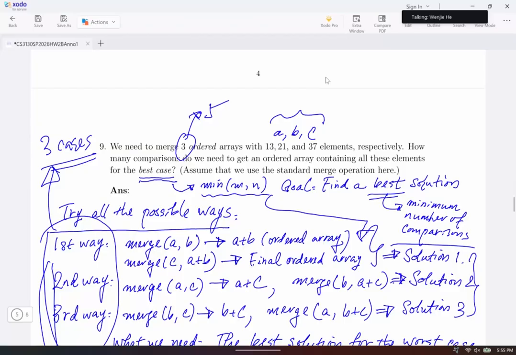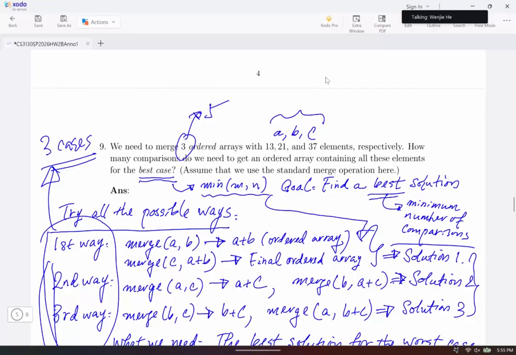Then we need to find some rule. After our homework assignment, these 2 questions, in our review session, I need to give you the rules. So when you work on these 2 questions by yourselves, you also think about, what is the efficient way we can use without exhausting all the possible ways.